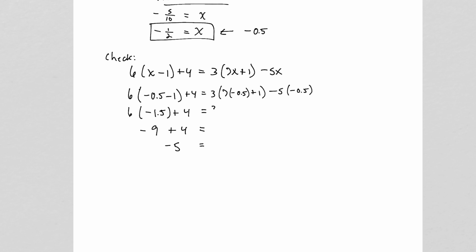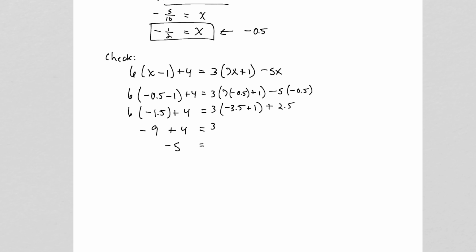So let's see if that's true. So 7 times negative a half, so that's negative 3.5 plus 1. And over here to the right, I'm going to multiply negative 5 times negative 0.5, so that ends up being positive 2.5.